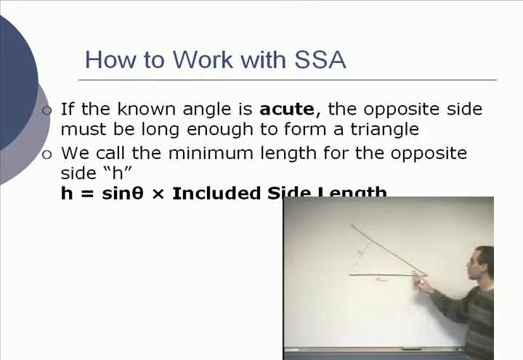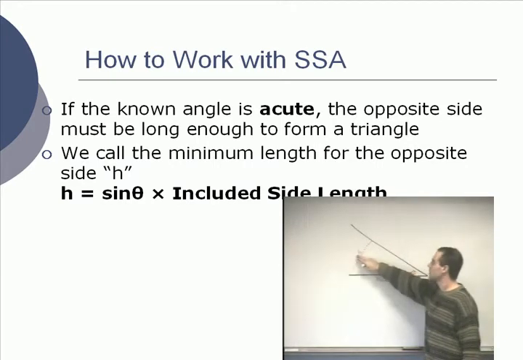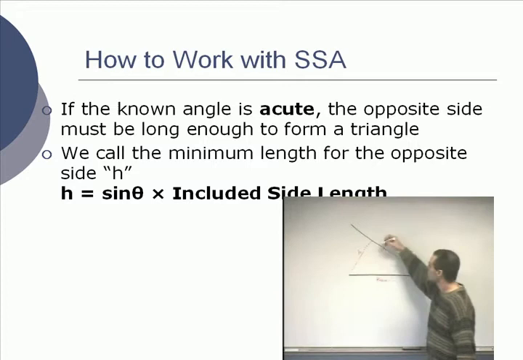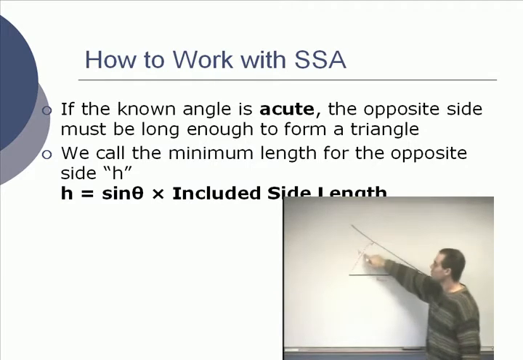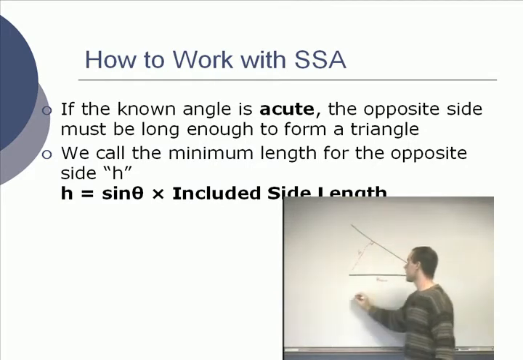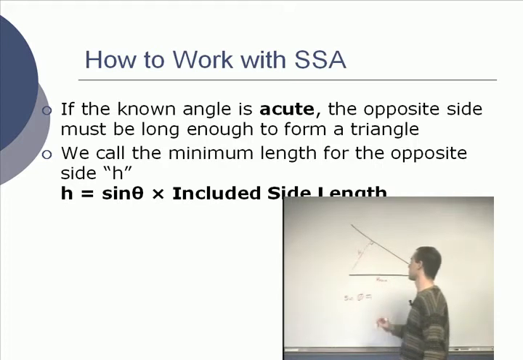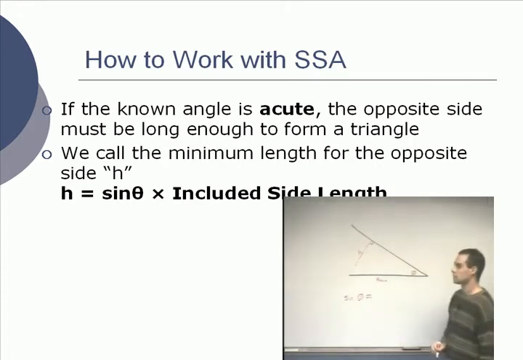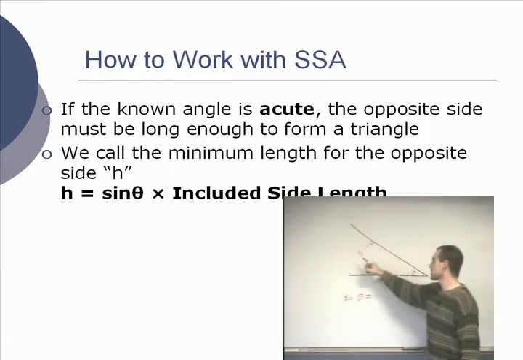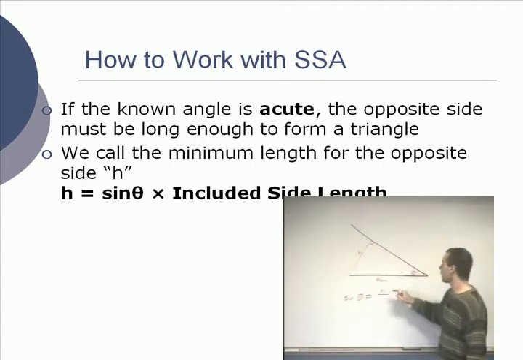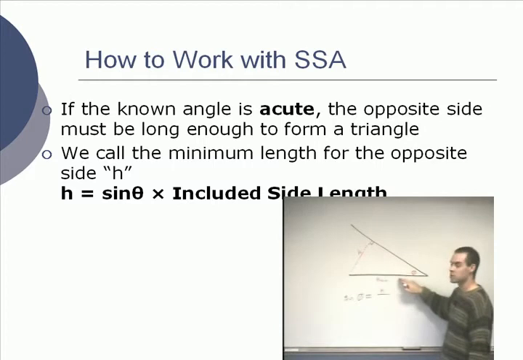Now, what has to be true? We know this angle theta. We know the opposite side is H, our minimum length. And we know that this side would be known. Again, this is for the shortest possible side. And then the sine of theta is what over what? Opposite, which is H, over the hypotenuse, which is your known side.